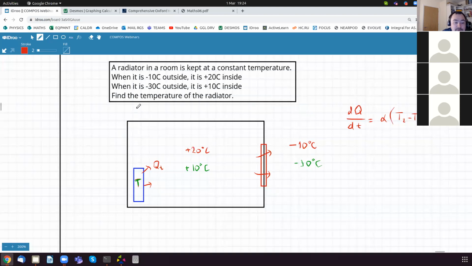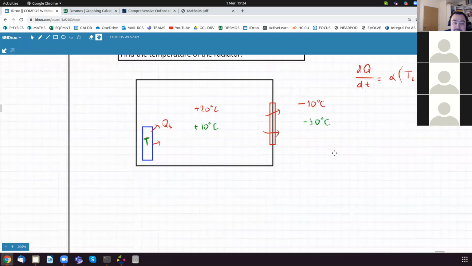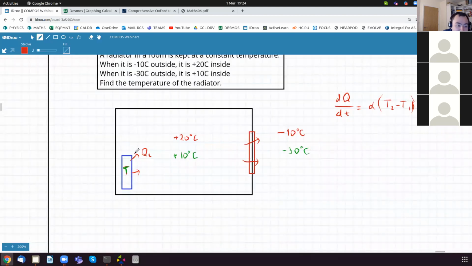So for the radiator, let's say there's a coefficient alpha, and for the window it's going to be beta.